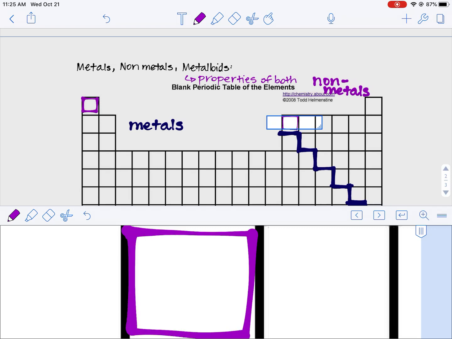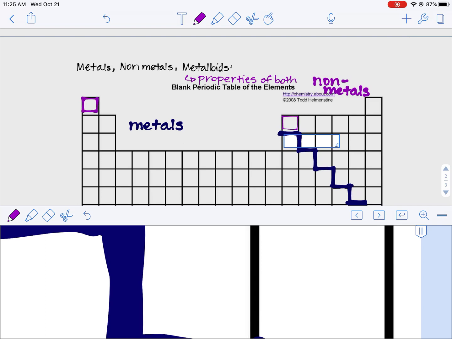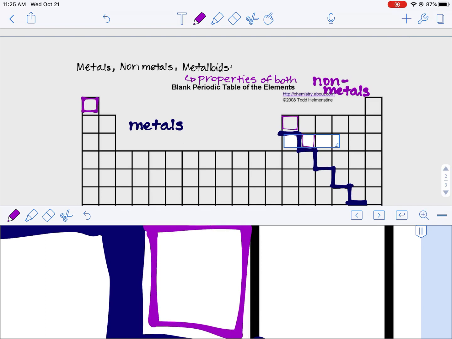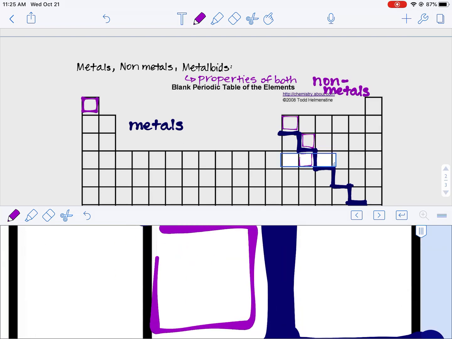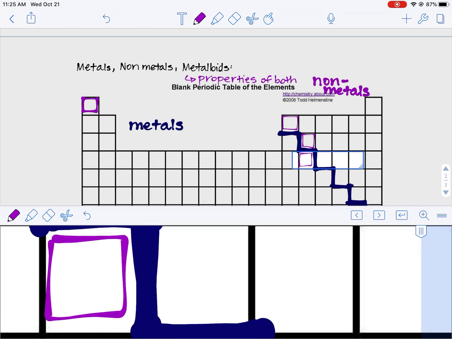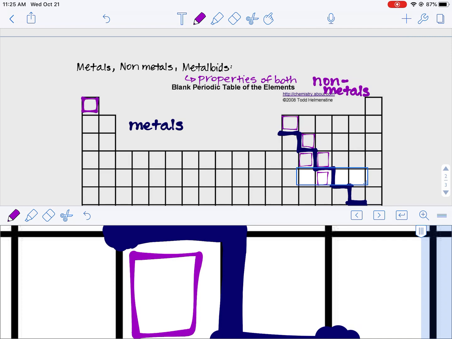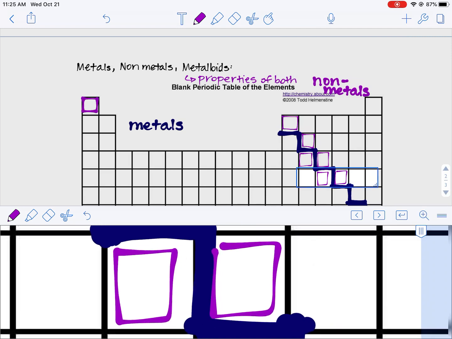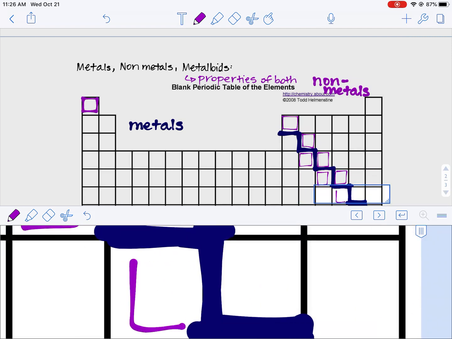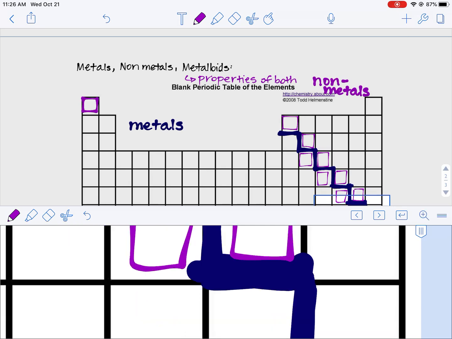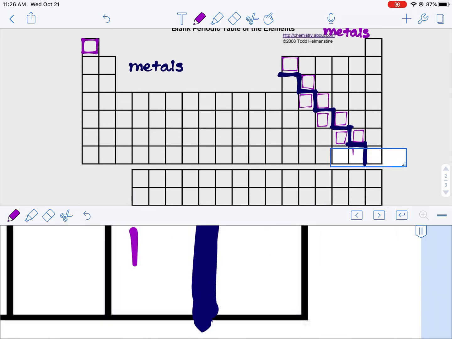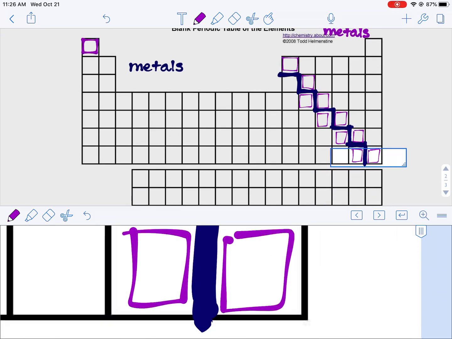So boron is an example of a metalloid. Notice that I've skipped over aluminum. Despite the fact that aluminum is on the staircase, it is not considered to be a metalloid.